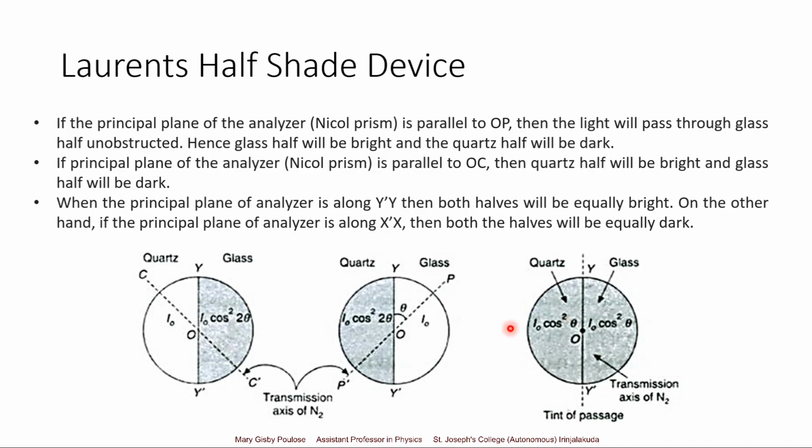Whereas if the Nicol prism is aligned along X prime, it will completely block the light from glass and quartz, and hence it will be equally dark. So using this half-shade device, we can increase the accuracy of detecting the regions of darkness and brightness in the polarimeter. That's all for today.